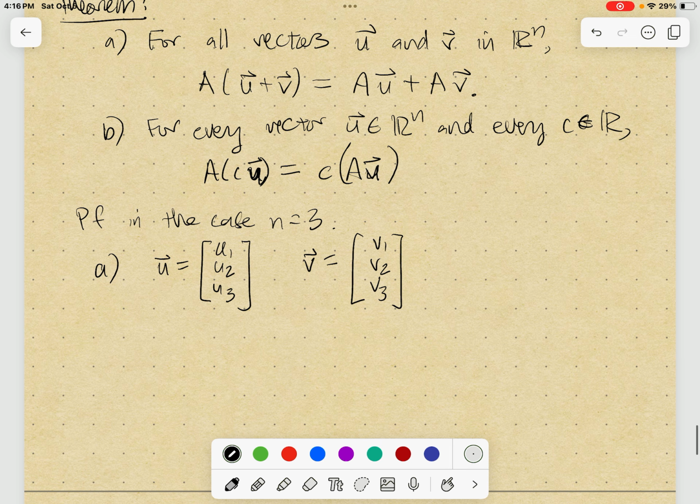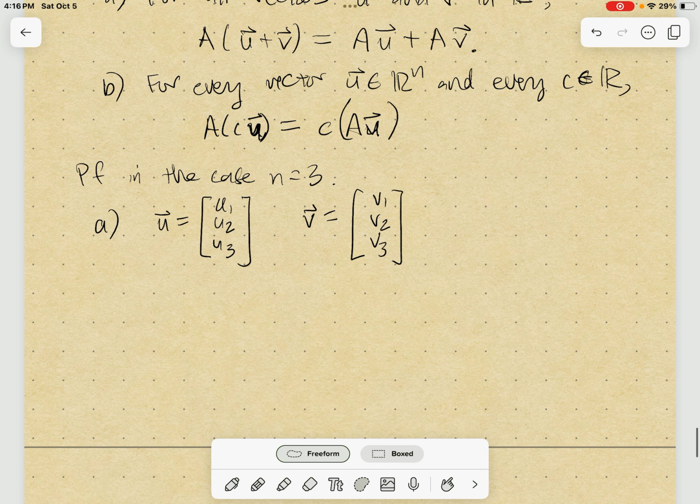Well, we have to check. So for part A, we have to check that this thing equals the same as the thing on the right. And what you do is you just figure out what both of them are and then check that you do in fact get the same thing. So let's figure out A times (u plus v) first. Well, the order of operations. So what you do is you do u plus v first, right?